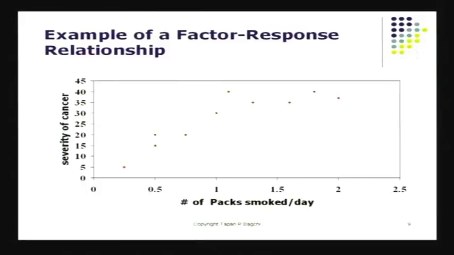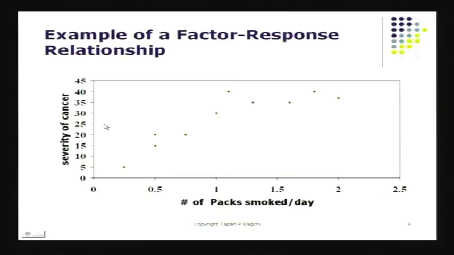Now, some very simple examples are there. This is, of course, not an experiment, but you pretend that some factor is being manipulated and you are looking at the response. So, for example, the number of packs of cigarettes smoked per day: half a pack, 1 pack, 1.5 packs, 2 packs, 2.5 packs per day.